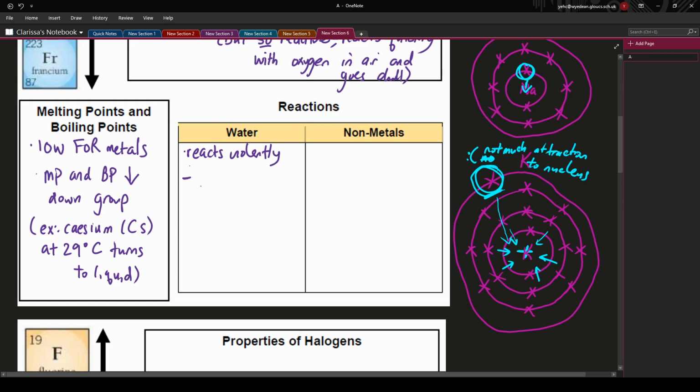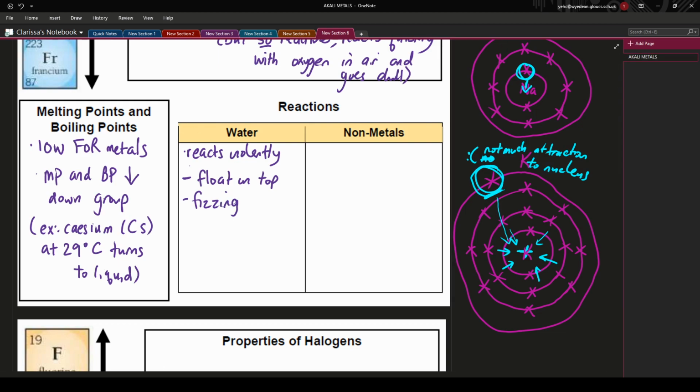You'll notice them float on the top because they're not very dense, and they start fizzing around. Some of them would have more, but most of them would fizz around at least, and this fizzing shows that a gas is being made, and that gas is hydrogen.